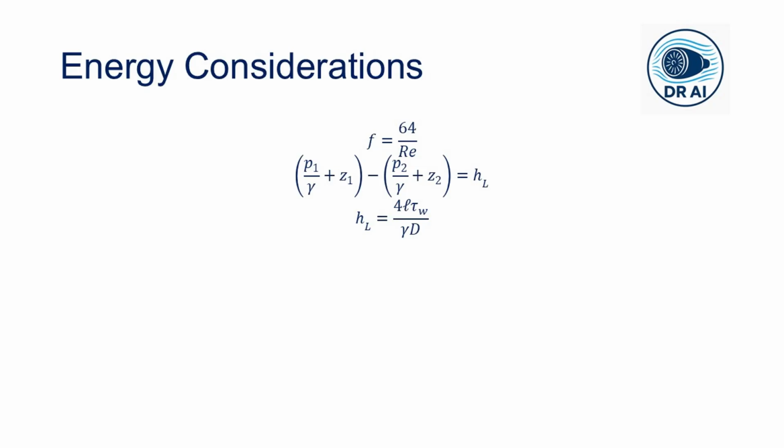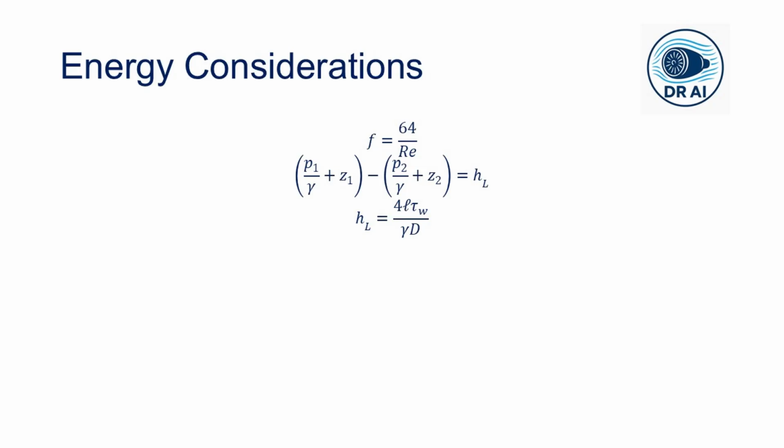So, what does this say? It says that the head loss HL is exactly equal to the drop in the piezometric head, that is, the pressure head plus elevation head. The energy dissipated by viscosity is supplied by the work done by the pressure and gravity forces. So it's a perfect energy balance.